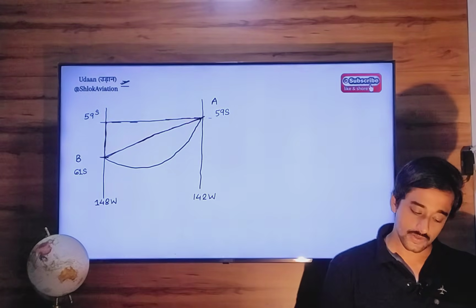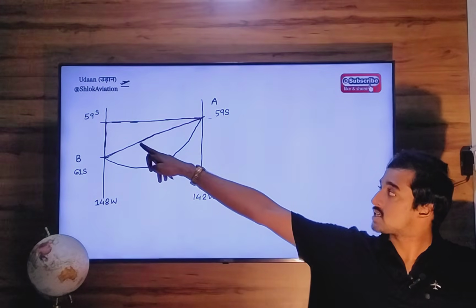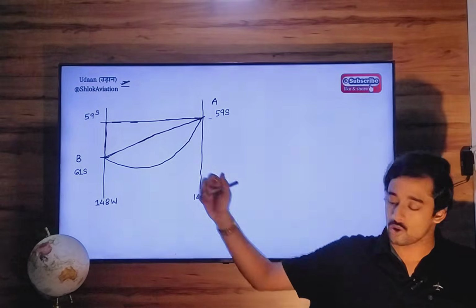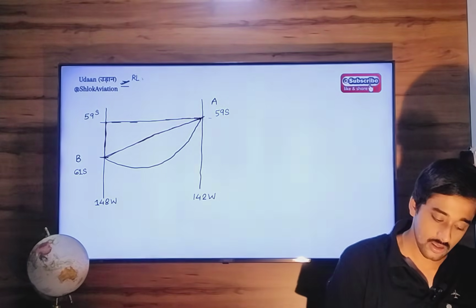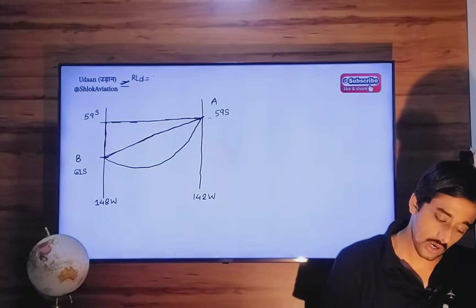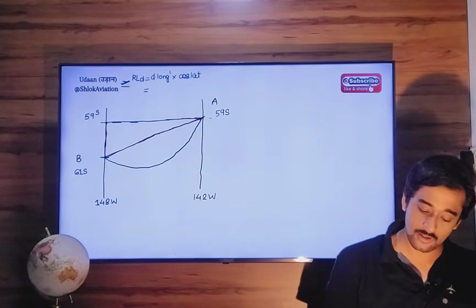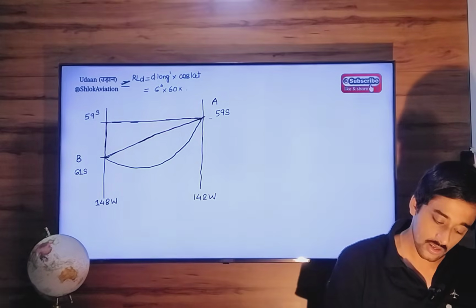So let's find out this distance between this longitude and that longitude. That will be your line distance. Line distance equals d long in minutes into cos lat. So d long 148 minus 142 is 6 degree into 60 into cos 59.